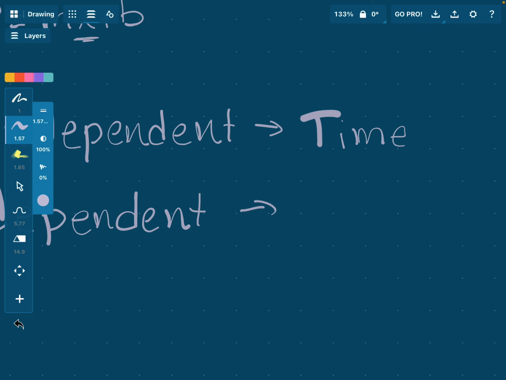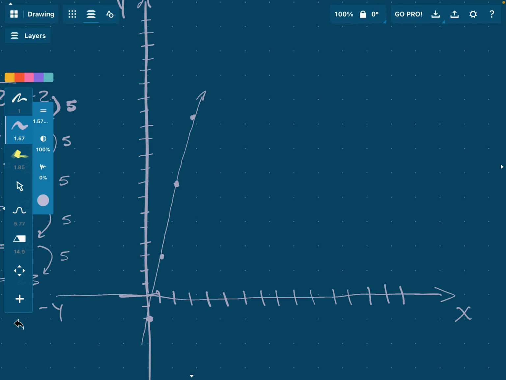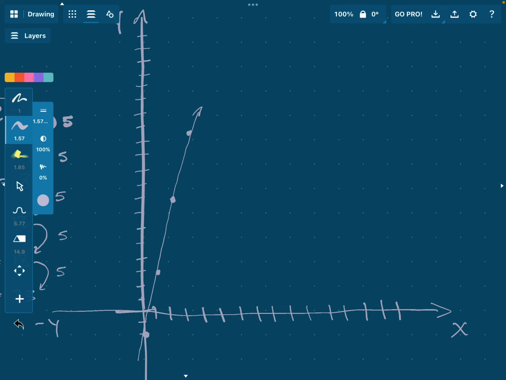So example for that would be position. So where are we with respect to time? Well, if we're looking at a graph like this, as time moves forward, we're further and further away from some sort of object. And as time would continue to go on, we would be even farther away.